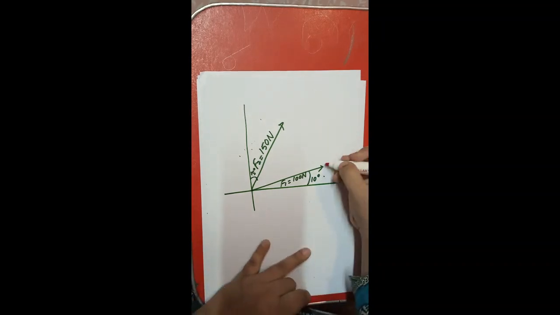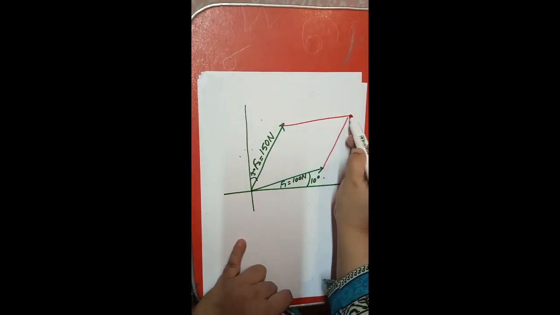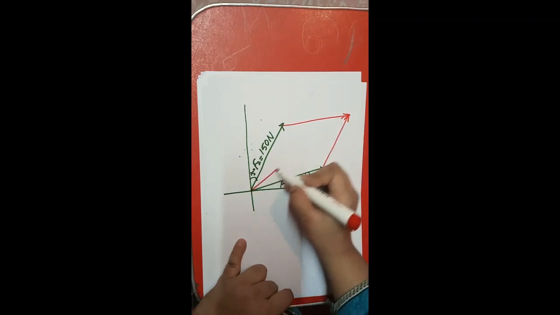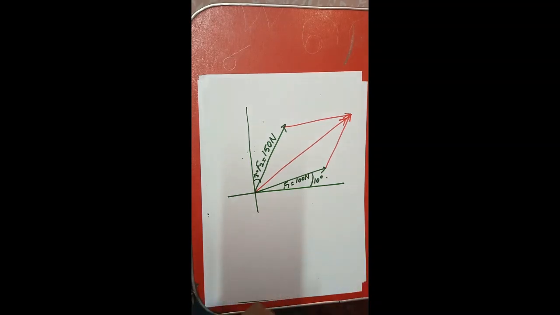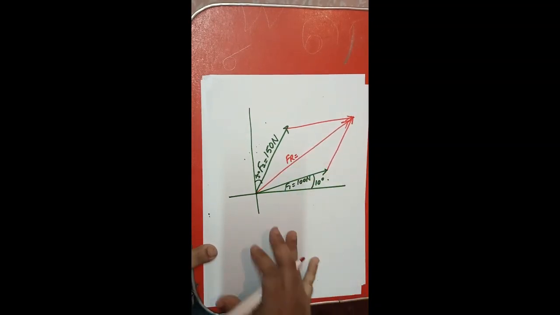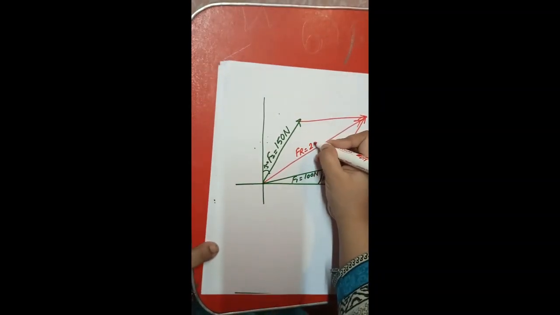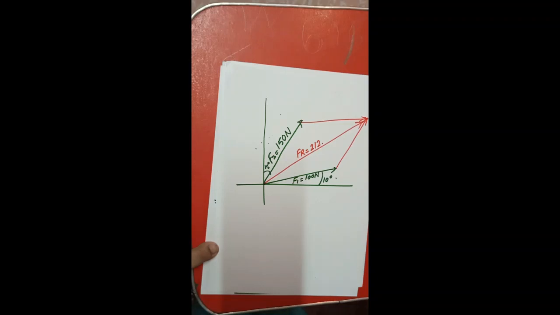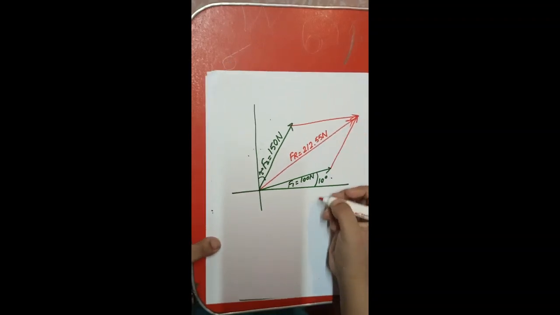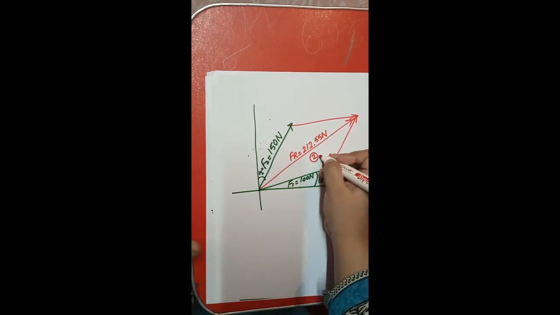Then we draw parallel lines opposite and mark FR as well. The value of FR comes out to be 212.55 Newton, and this one is 115 degrees. This is triangle number 2.